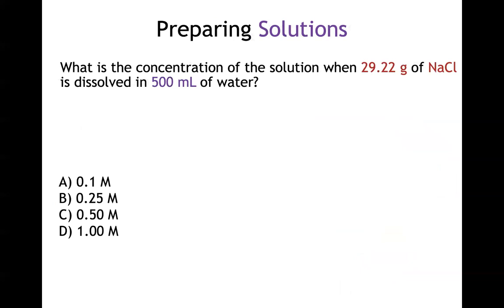Okay, so now let's consider a different problem. Now it's asking us for concentration, right? And at the moment, the only unit for concentration that we looked at is molarity, which has the symbol capital M, which has units of moles per liter.